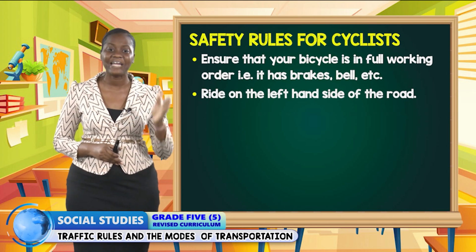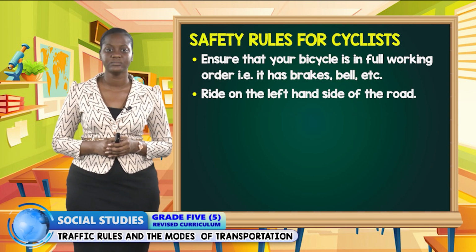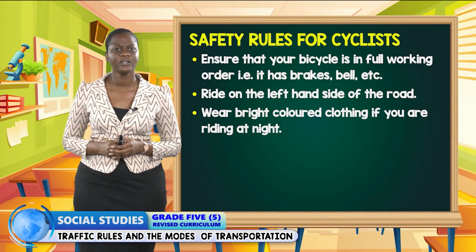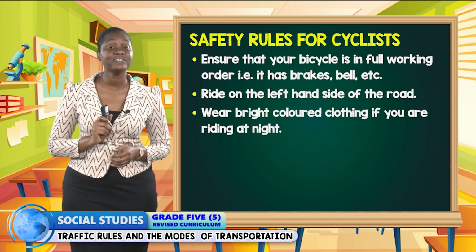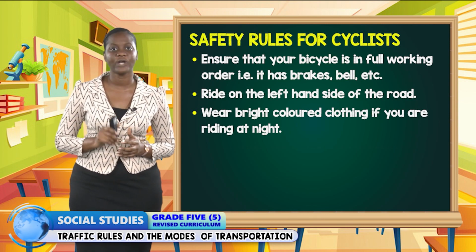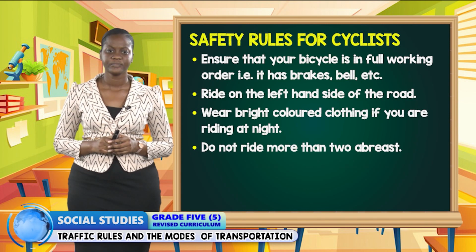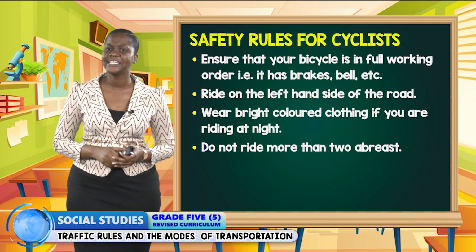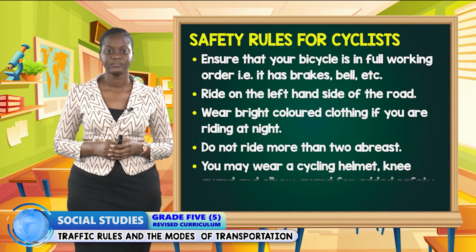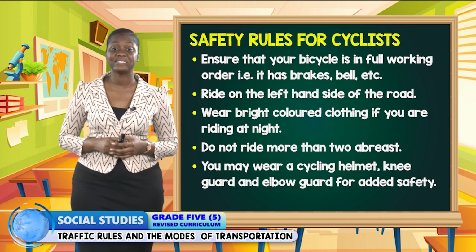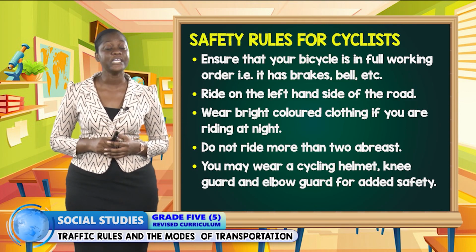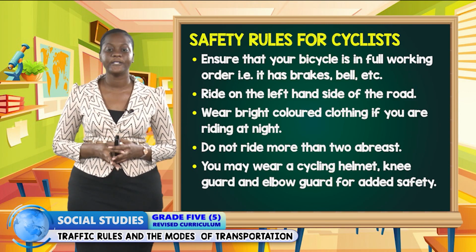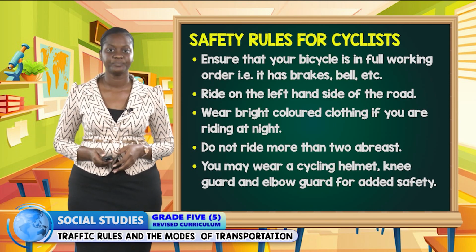Ride on the left-hand side of the road. Remember that you should wear bright-colored clothing if you are riding at night. Do not ride more than 2 abreast. And you may wear a cycling helmet, knee guard, and elbow guard for added safety.